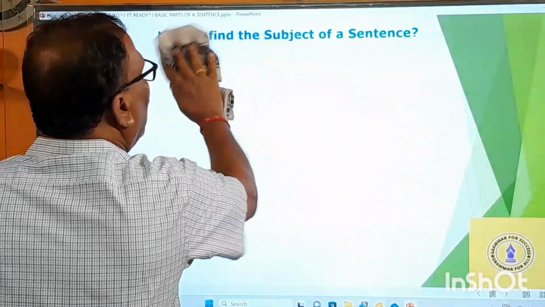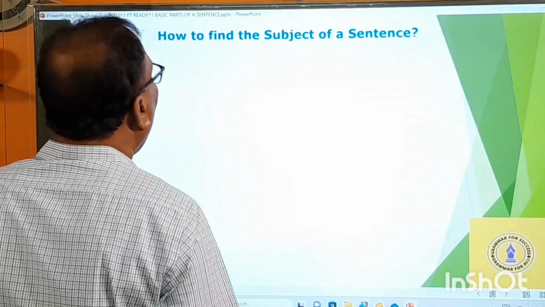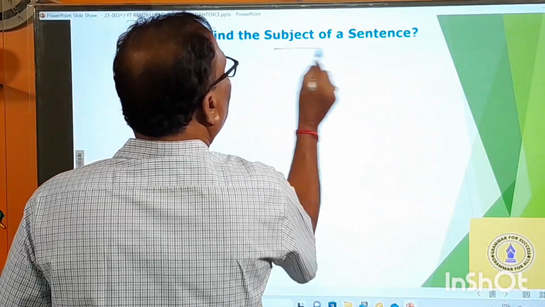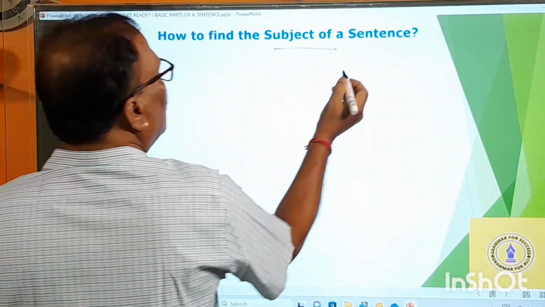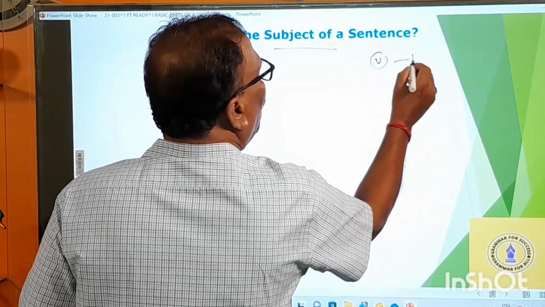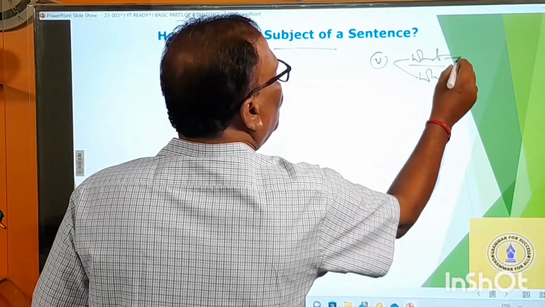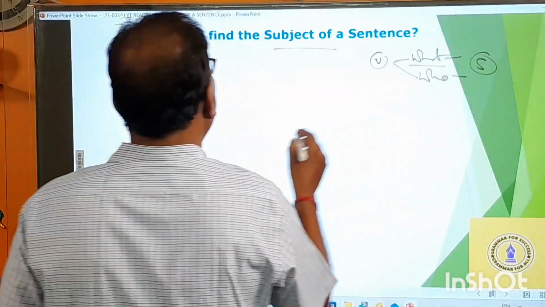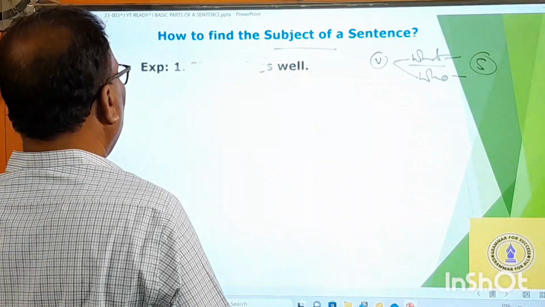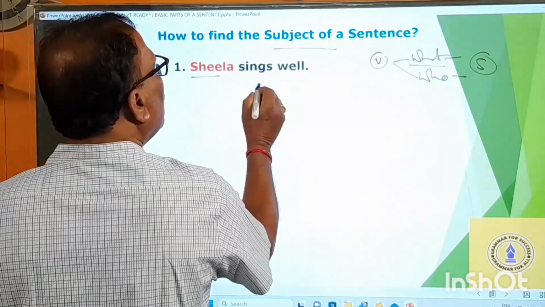Next point. Here two things are there. What is that? How to find the subject. Remember how to find the subject. When you question the verb with what or who, you get the subject. How? Here you see that Sheila sings well. You say, who sings well?